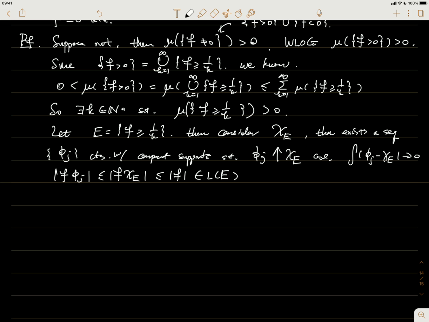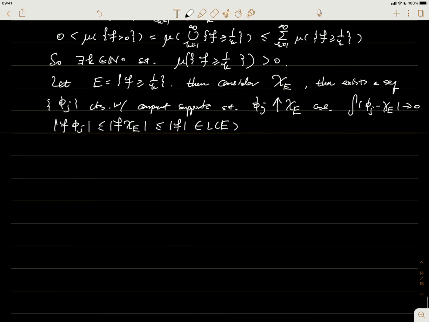Okay, and now let's consider the integral of f on K, and because each of these is dominated by this, we can use the dominated convergence theorem. We know that the limit of this has the integral equal to the limit of the integral.